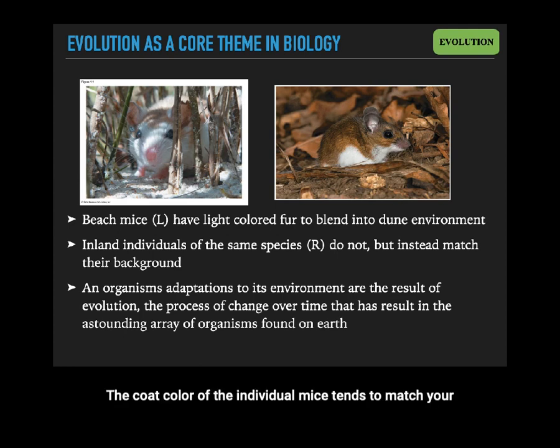The coat color of the individual mice tends to match their background. Why do you think this is the case? What is the function of color matching between the mouse coat and the soil in which they move?